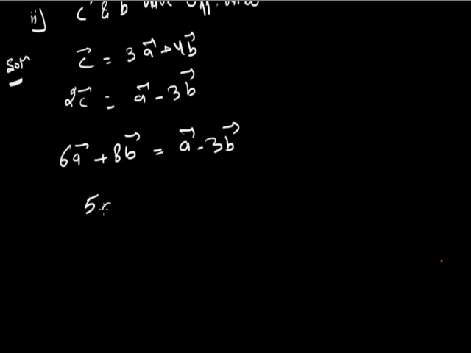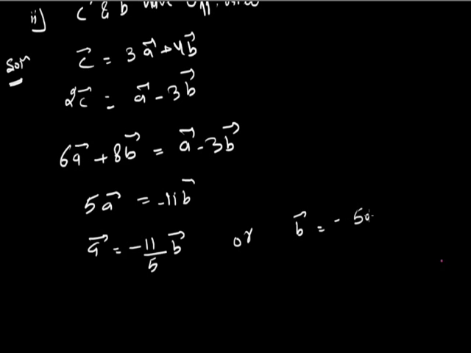So by this we get 5a vector equals minus 11b vector. So a vector equals minus 11 by 5 b vector, or b vector equals minus 5 a vector divided by 11.